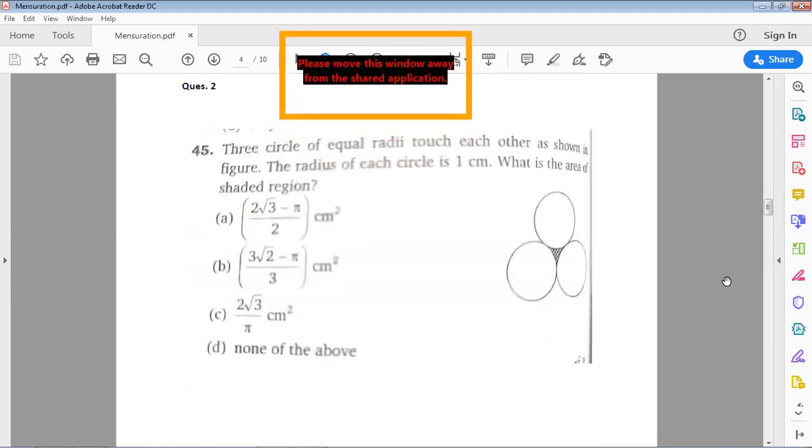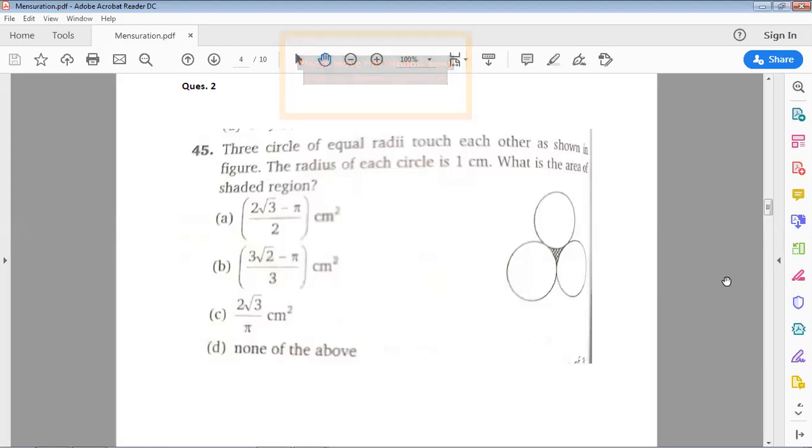Anyone has any doubt can ask on the chat box. I will repeat the answer again. So all of you understood this question.